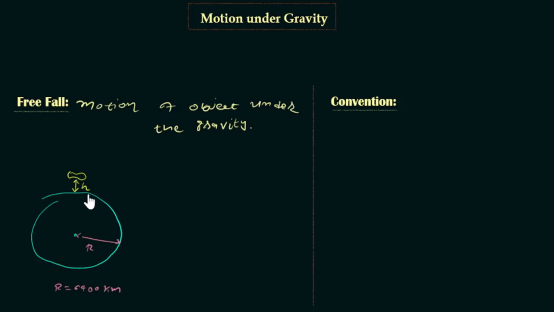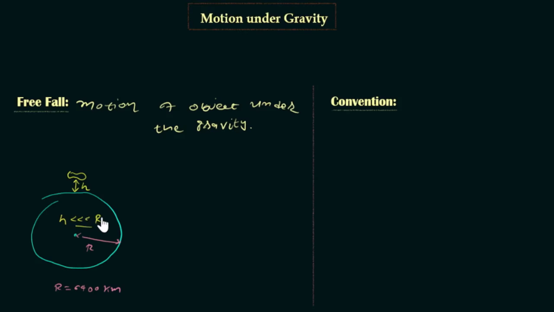This is the height of the object from the surface of the Earth, right? Here the height is in meters, hundreds of meters, so h is much less than the radius of the Earth. The radius of the Earth is very large compared to the height of the object.